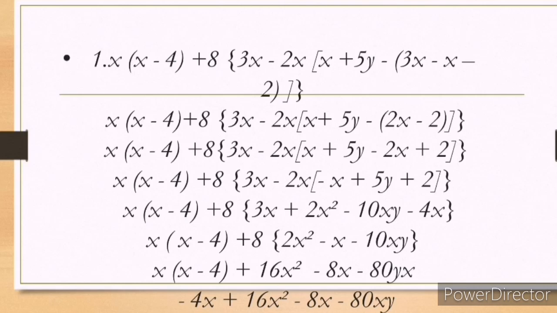We get that from x times 2x squared is equal to 16x squared, then x times 8 is equal to 8x, then 8 times 10 is equal to 80. Then the result is negative 4x plus 16x squared minus x minus 80x.